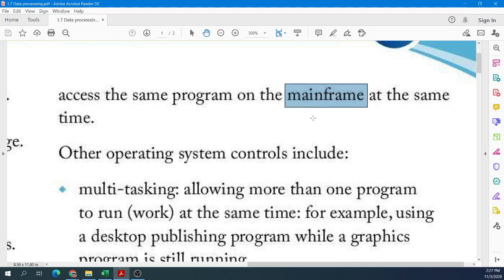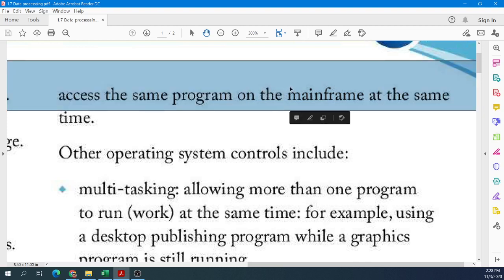So all of the users for that bank can access this one computer called a mainframe and be able to run the same program to see all of their information. Now all of them might think that they are accessing different computers around the world and so on, but in fact they might be actually accessing the same computer.